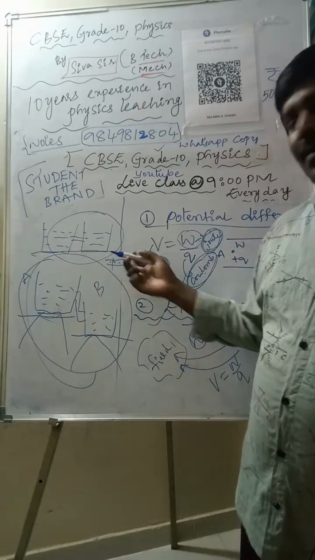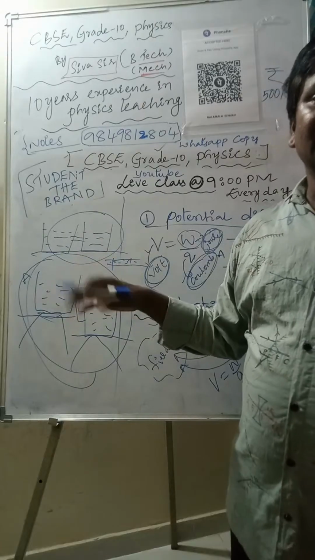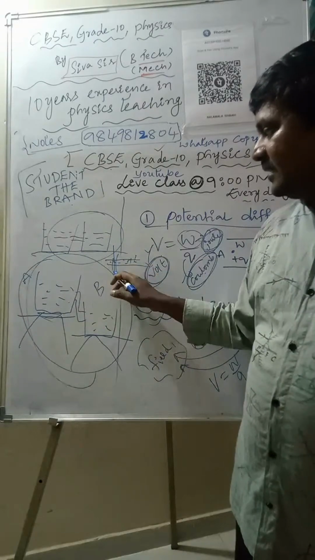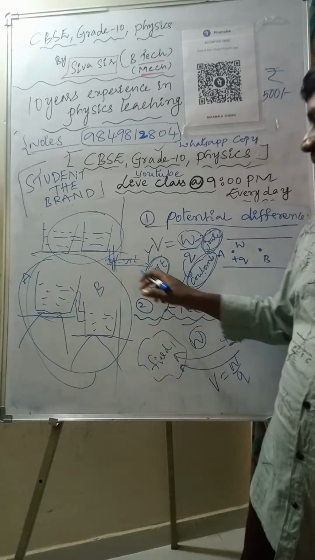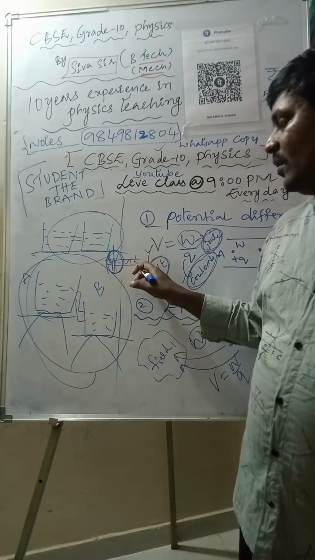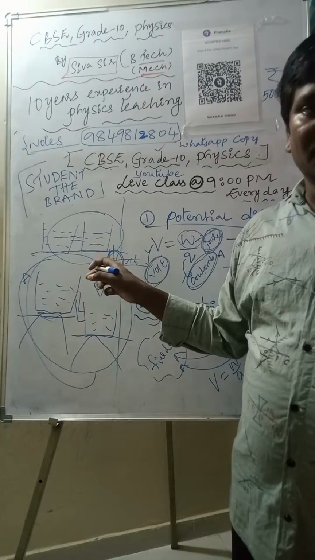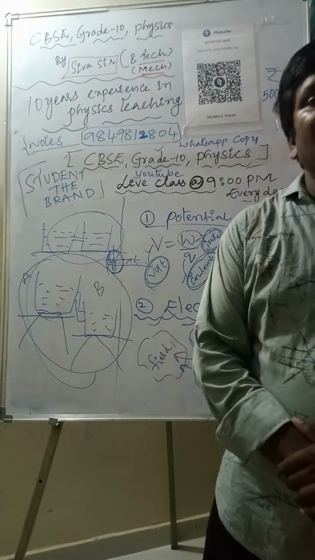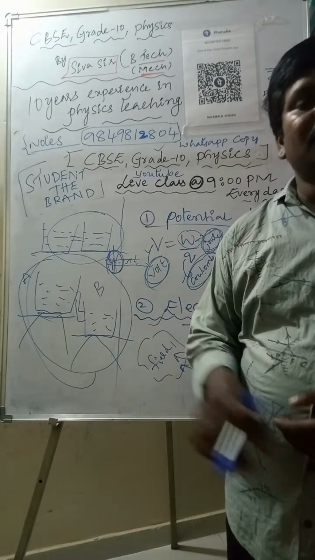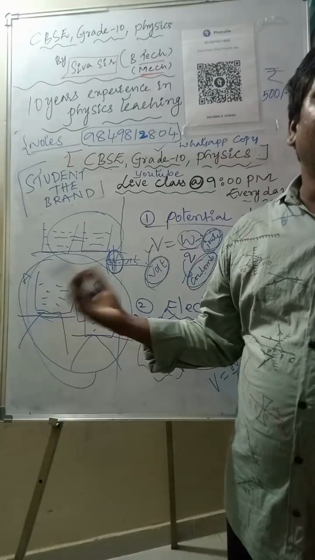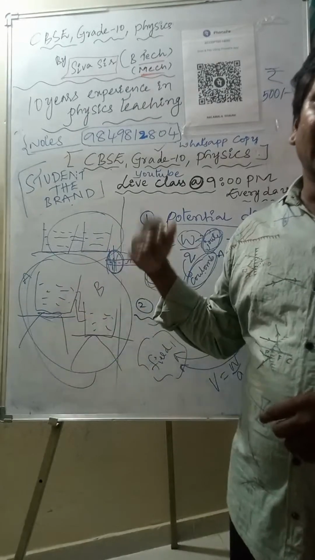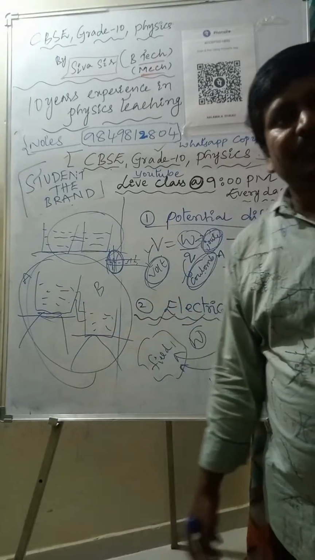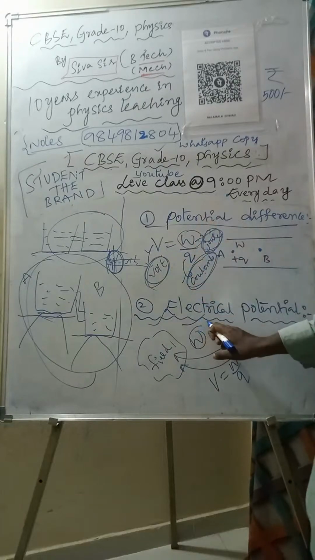From here to here it is the same, same pressure, so no difference from point A to point B. If a battery is connected, high potential will be created on one side and low potential on the other. Then charges will move from high potential to low potential, as we discussed about conventional current. Positive charges will move from high potential to low potential, whereas electrons will move from low potential to high potential. That is nothing but electric current and conventional current. So this is about potential difference and electrical potential.